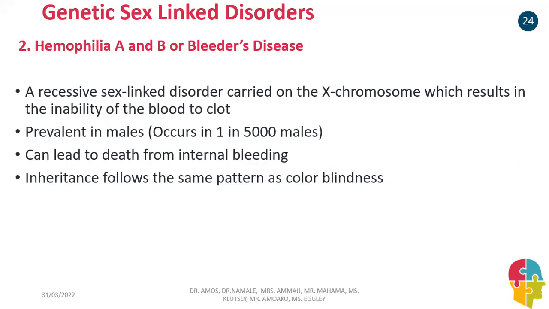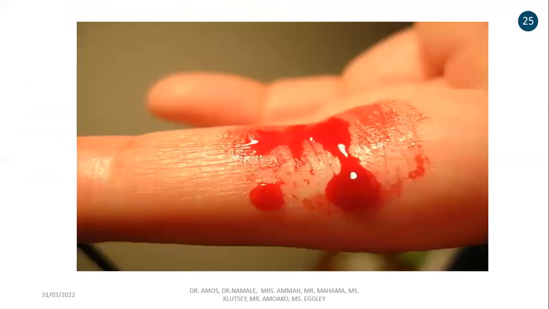Now, hemophilia is characterized by inability of blood to clot and is more prevalent in males and can lead to death from internal bleeding because people end up losing a lot of blood when they are injured. And this happens because in people with hemophilia, their platelet clots are weak.